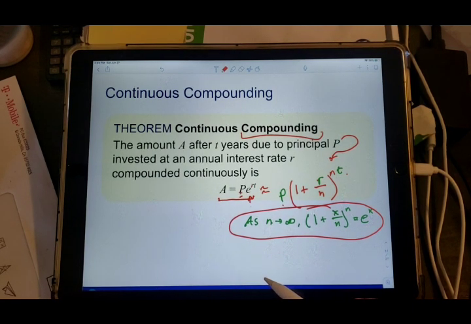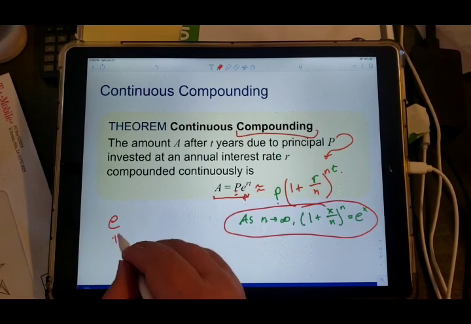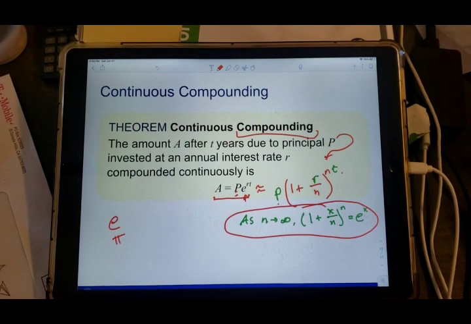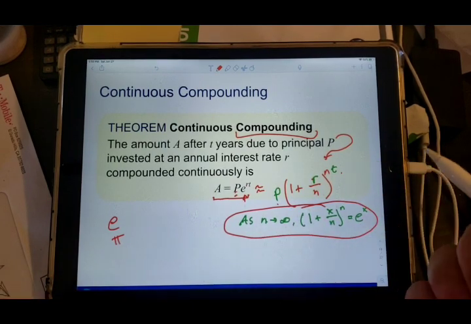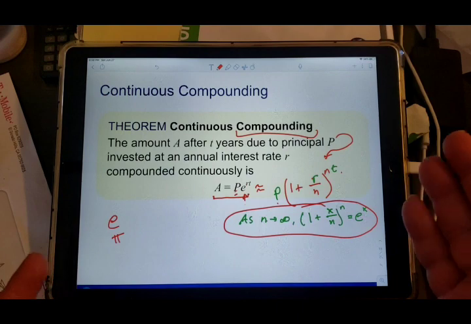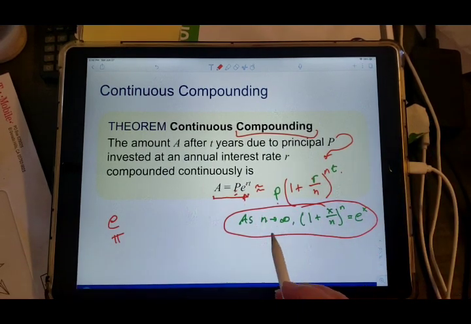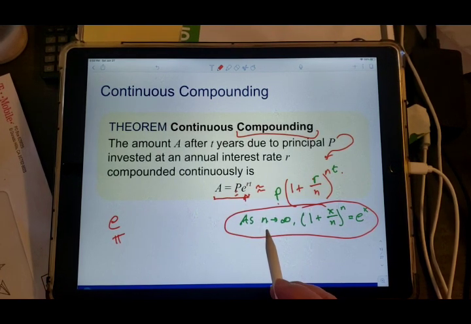And the reasoning behind that is e is one of those numbers. There are only 2 numbers that I would describe this way, e and pi. It's a number that you really can't describe with a calculation. I can't say e is the square root of 9 or 8 or something like that. There's no way to describe it other than with some kind of more complicated formula. And what's our formula?